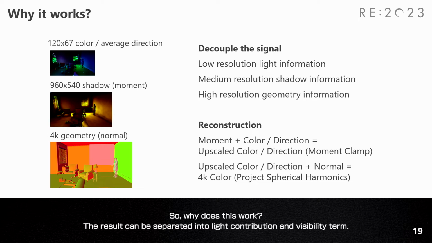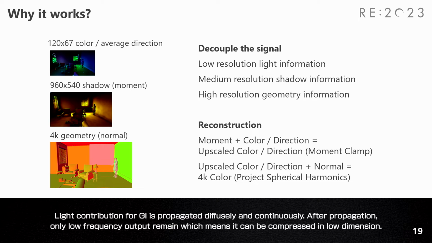So, why does this work? The result can be separated into light contribution and visibility term. Light contribution for GI is propagated diffusely and continuously. After propagation, only low-frequency output remains, which means it can be compressed in low dimension.